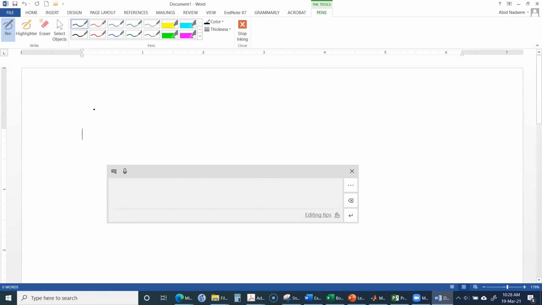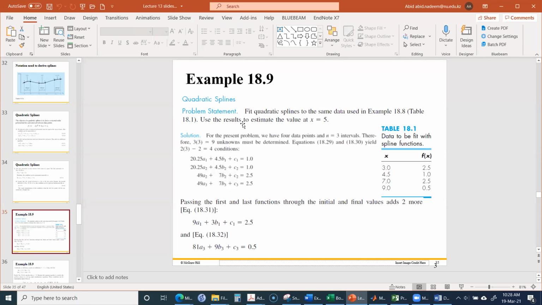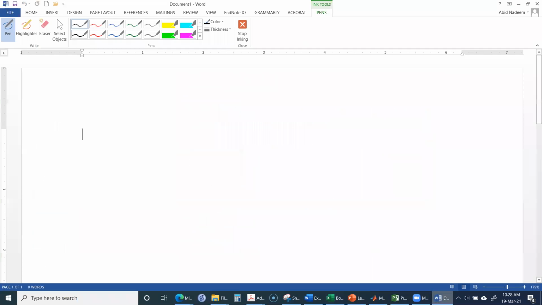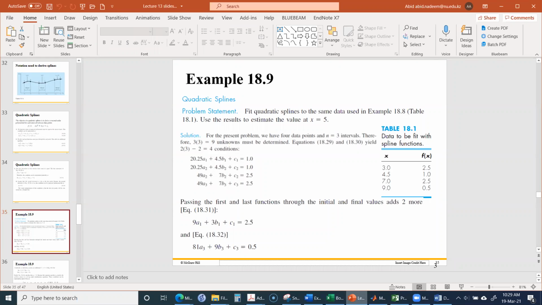Suppose we have this example: fit the quadratic splines to the same data used in example 18.8. We have these points, x and f of x. The points are 3, 4.5, 7, and 9.